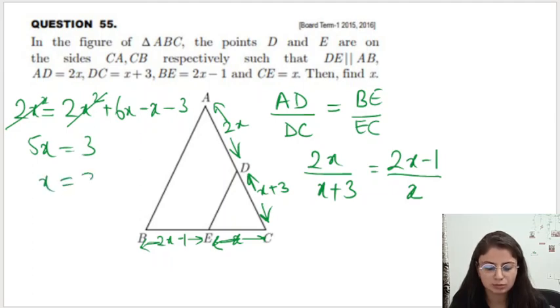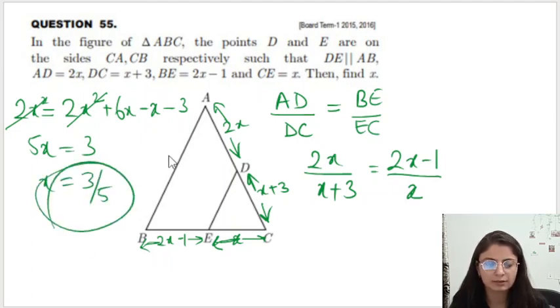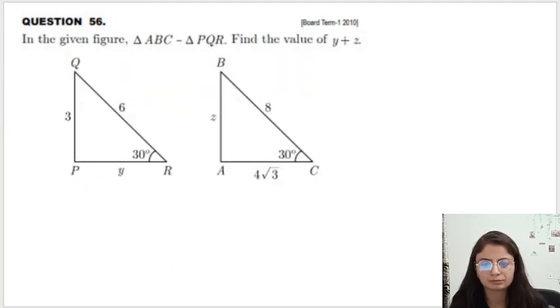So x equals 3 by 5. So this is the correct answer. The value of x is 3 by 5.